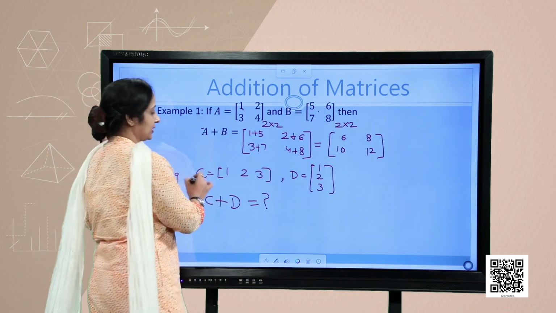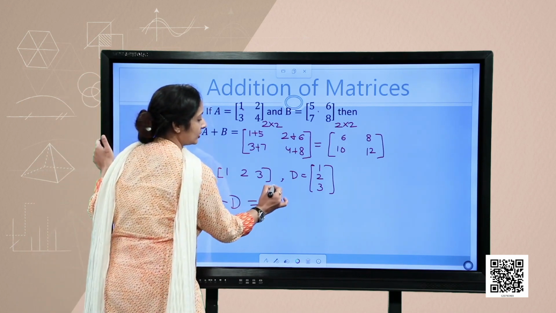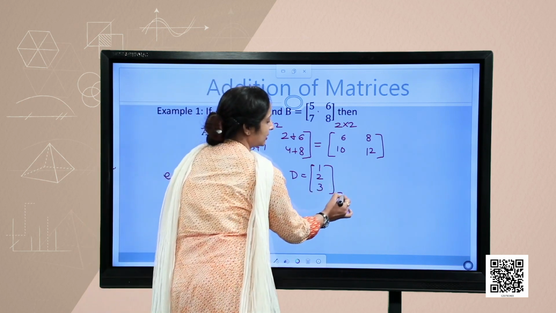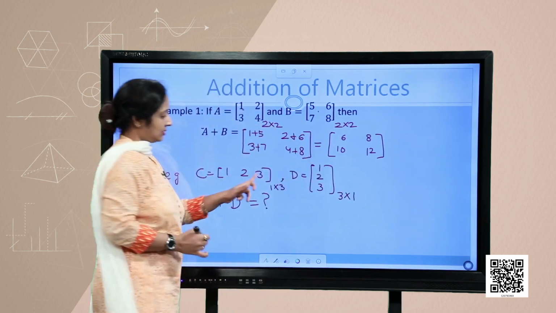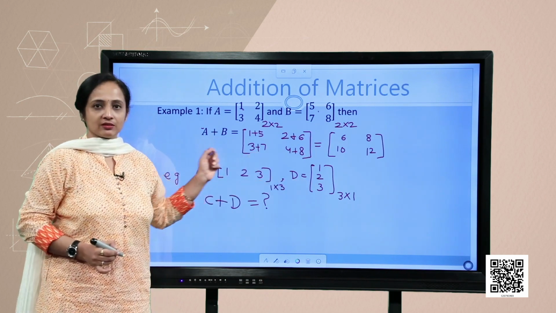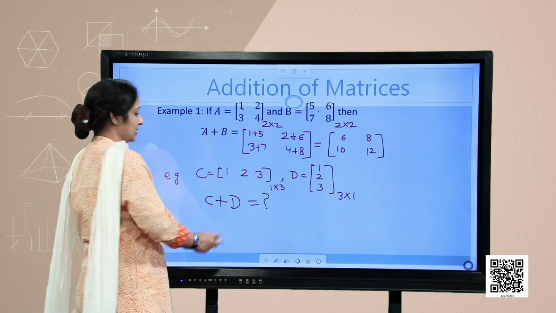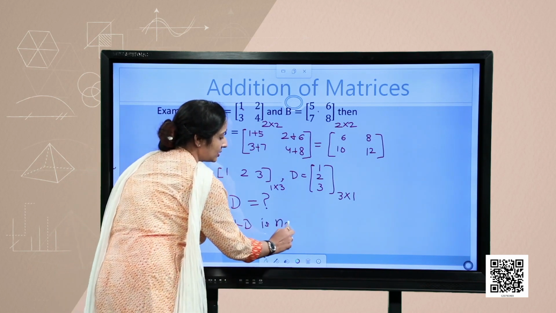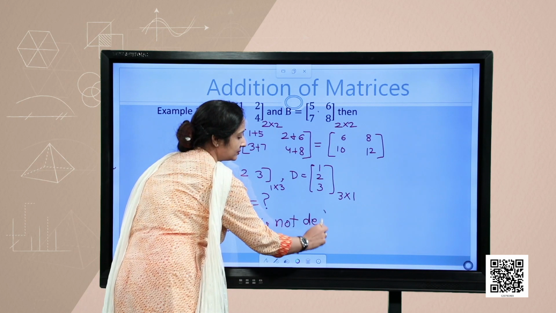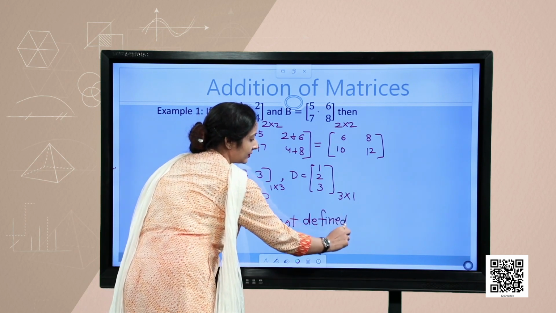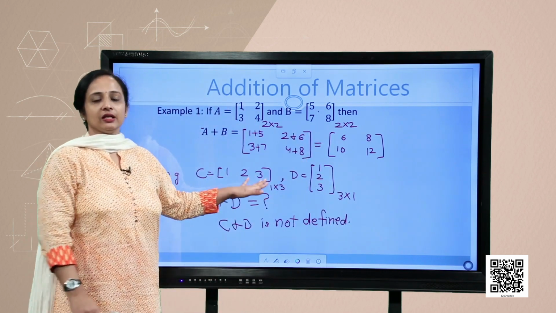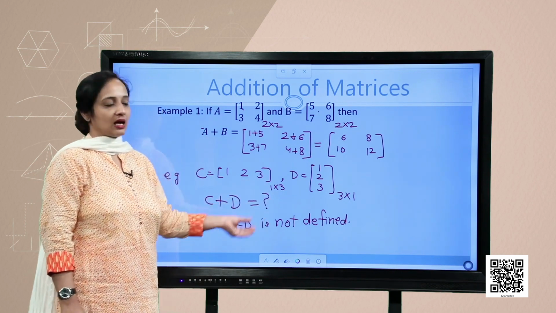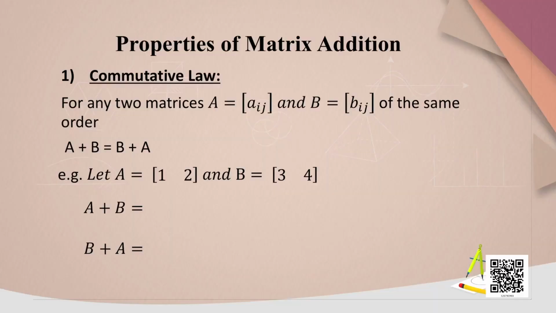What will be the reason? Matrix C has order 1 by 3. Matrix D has order 3 by 1. Since orders of both the matrices are not equal, that means C plus D is not defined. Fine. That means addition of matrices is possible only if both the matrices are equal in order.